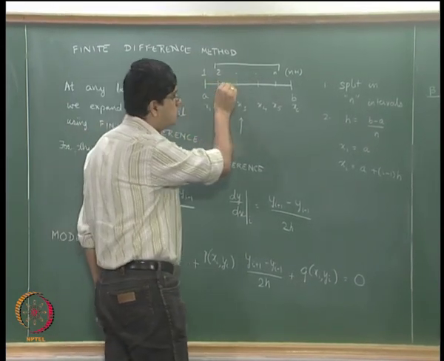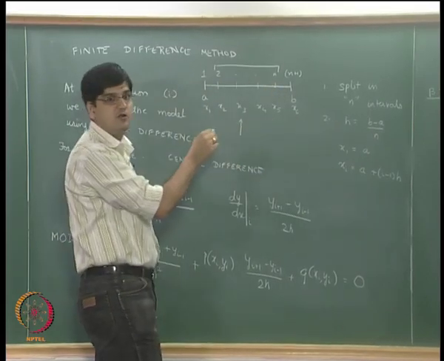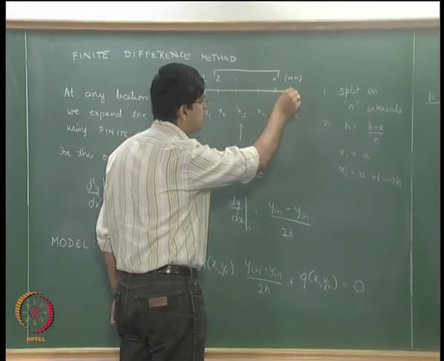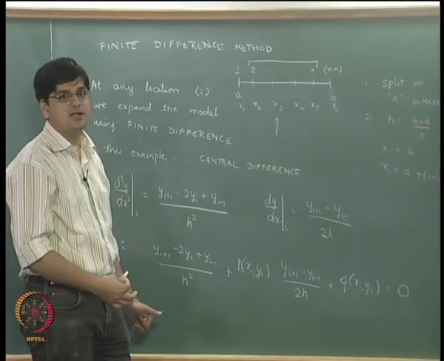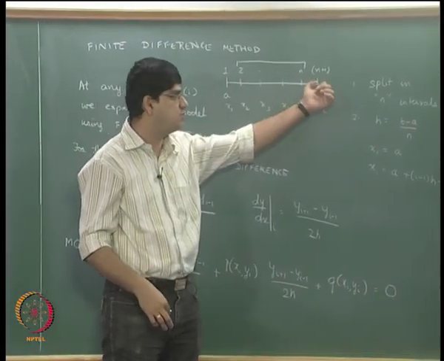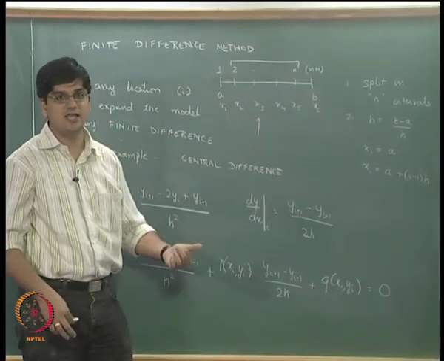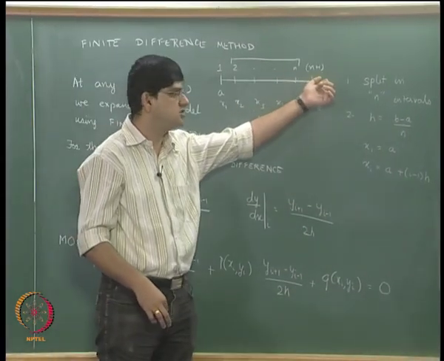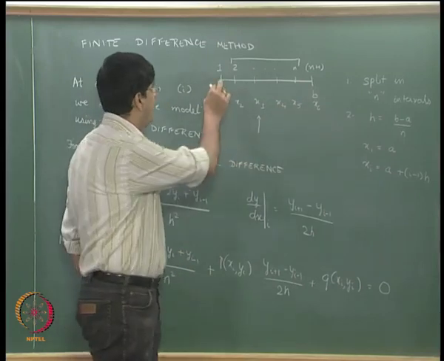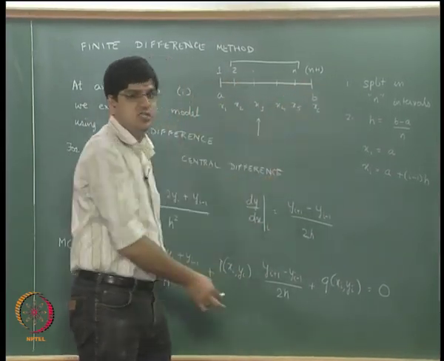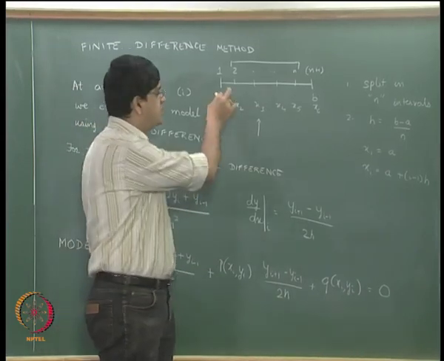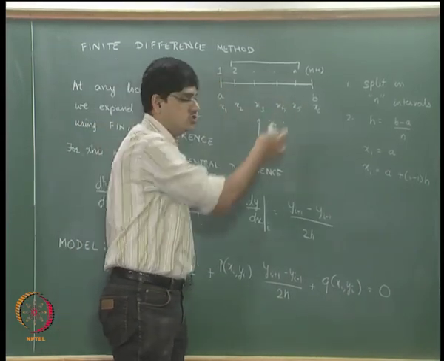From location 2 to n we will specify the domain equation, and at location n plus 1 we will specify the boundary condition if it is a Dirichlet boundary condition. If it is either a Neumann or mixed boundary condition, again we will use a ghost point approach at this point, in which case we will have n plus 1 governing equations and 2 boundary conditions for n plus 1 points in the domain and 2 ghost points.